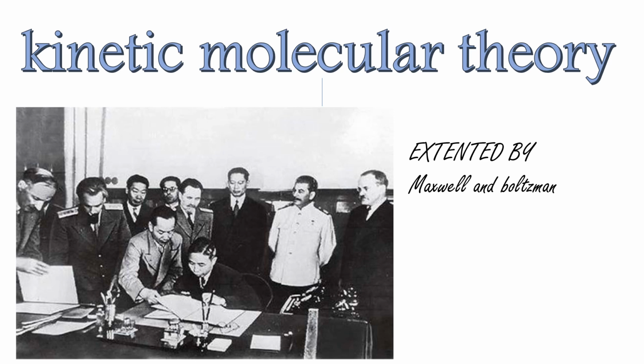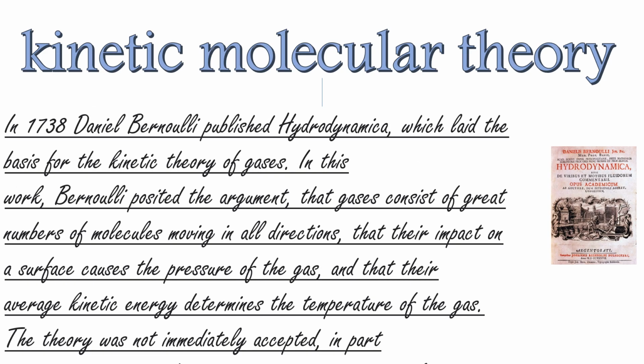You will be familiar with these names, but the names I told you before were the beginners, the first representatives of the kinetic molecular theory. This lecture is based on the history of the kinetic molecular theory. So let's start the history.